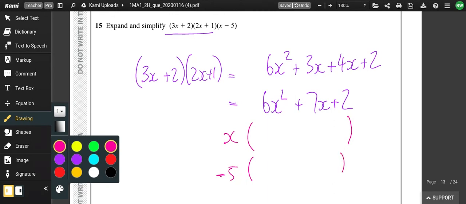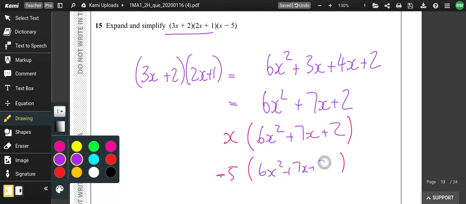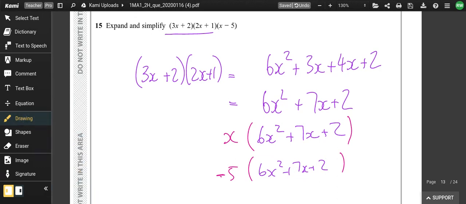So let's just put that in here so you can see what I'm doing. For the first bracket, we will get 6x cubed plus 7x squared plus 2x.